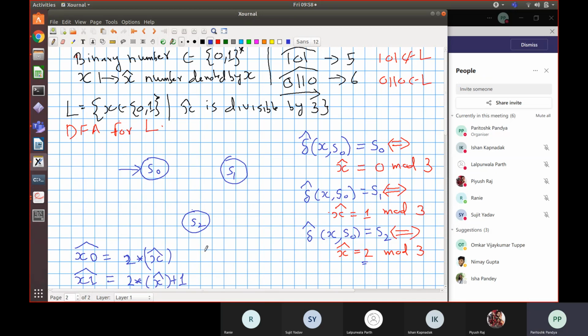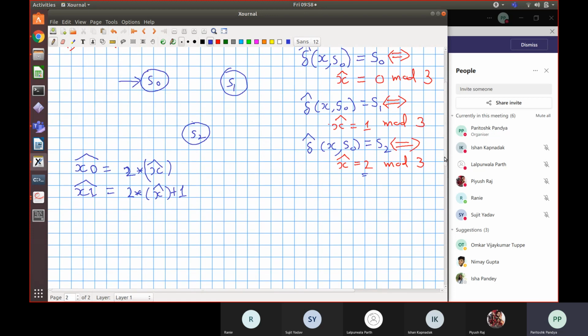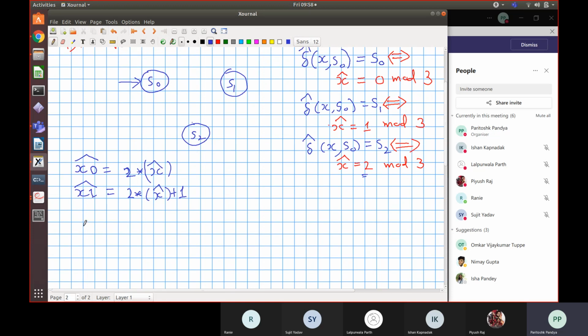So what we work out is the following. If X hat is equal to 0 mod 3, what do I mean by this? That the remainder of X hat when divided by 3 is 0. If that is the case, this implies that what?